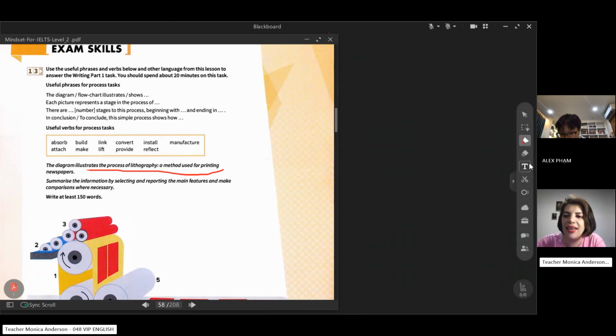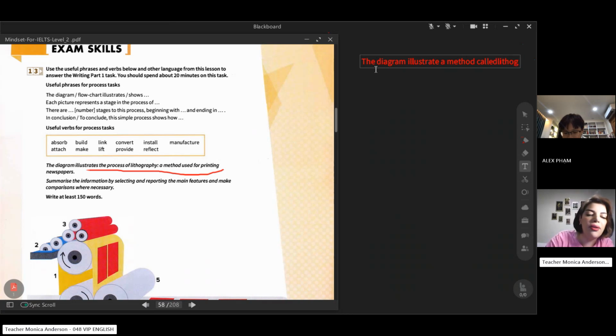So we can say, the given diagram illustrates. As I told you before, we can say shows, illustrates, demonstrates, depicts, all of them are correct. So here we can say illustrates what? A method called, as you said, lithography.